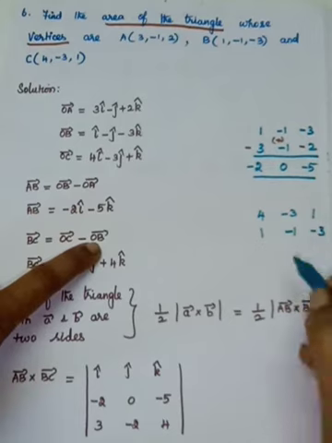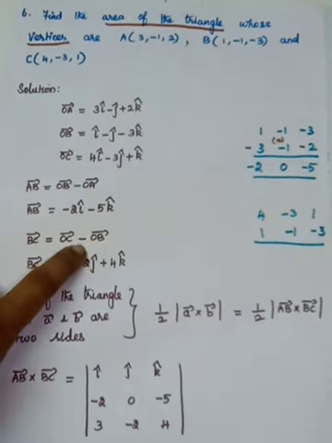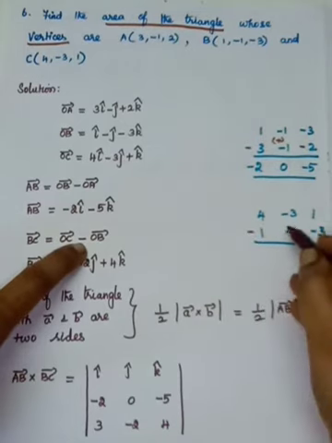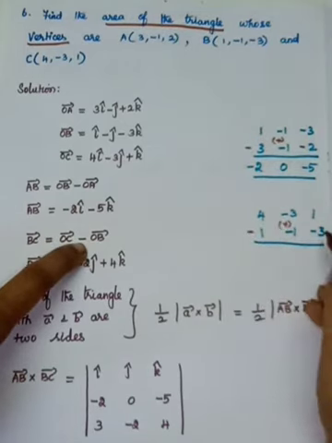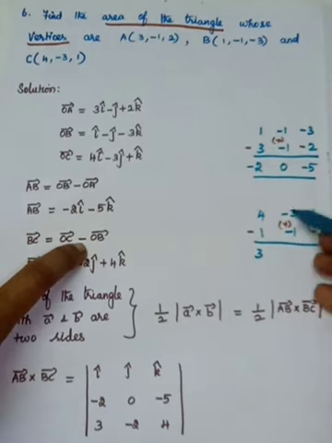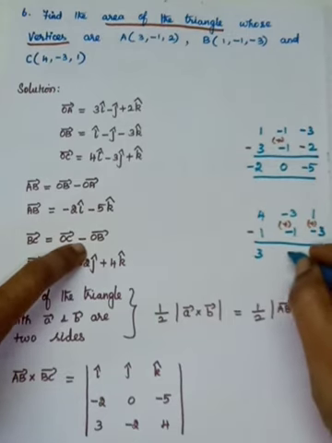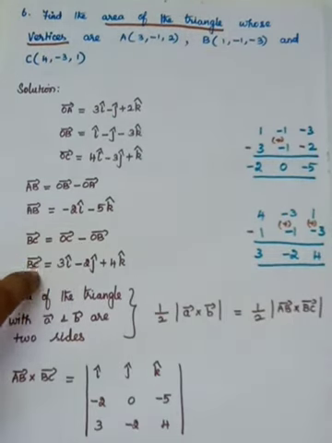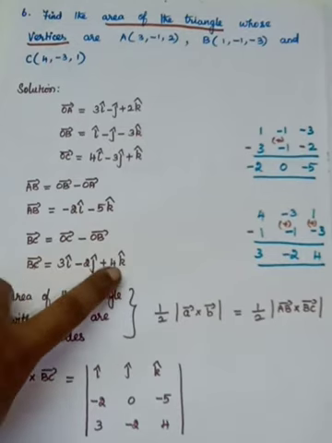What you have to do is change the sign because in between you have minus. So this will become minus, here you will have plus, and this also plus. After changing the sign, do the calculation. 4 minus 1 is 3. Here minus 3 plus 1 is minus 2. And 1 plus 3 is 4. So we got the coefficients. If you write as a vector, 3i cap minus 2j cap plus 4k cap.